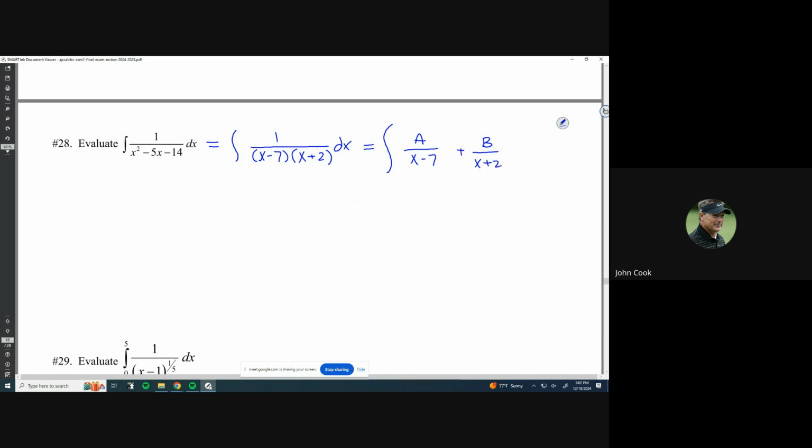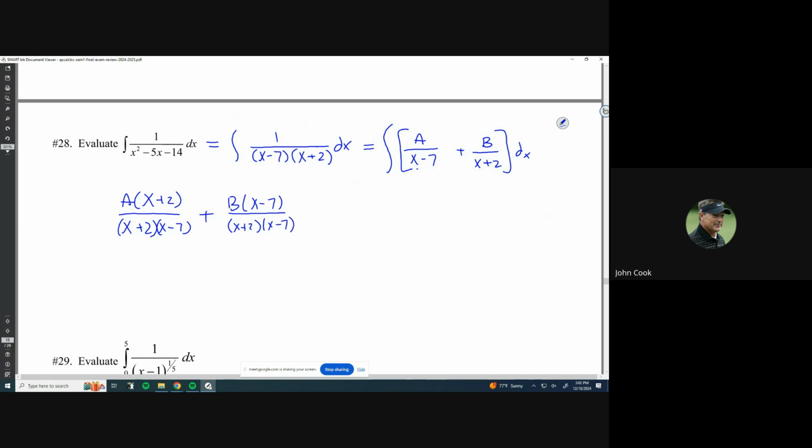And then we start our little partial fraction steps. You multiply this one's denominator over on the other one, so you have (x plus 2) times A over (x plus 2)(x minus 7), plus B times (x minus 7) over (x plus 2)(x minus 7).